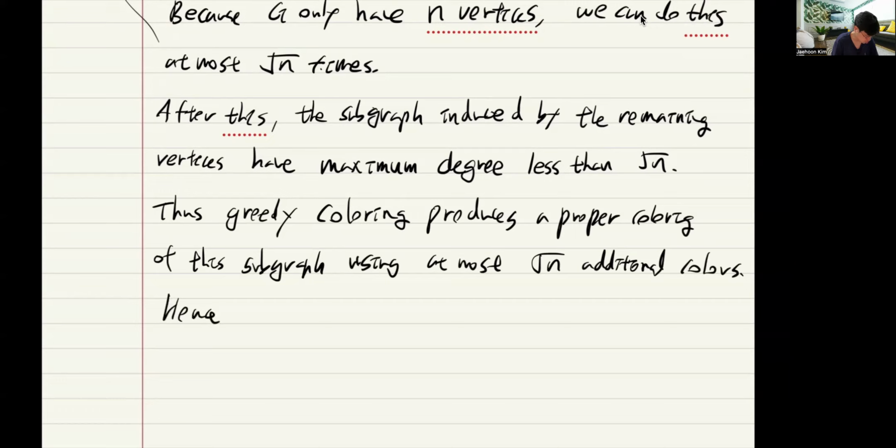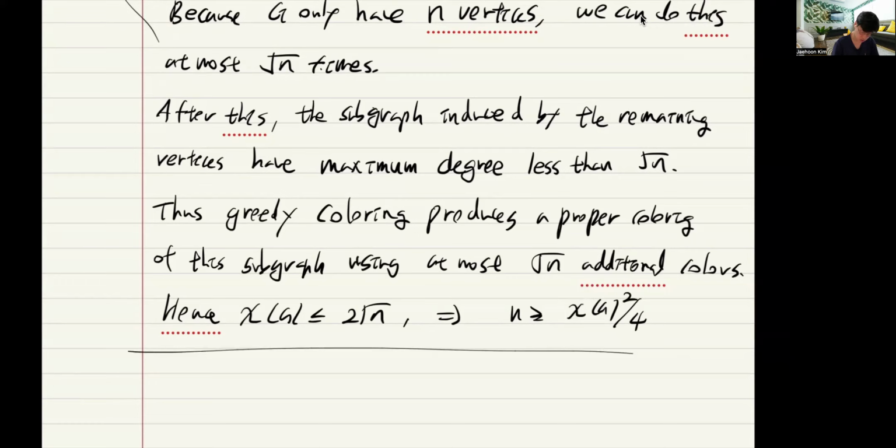Hence, altogether, it's at most 2 square root of n, and that implies this.